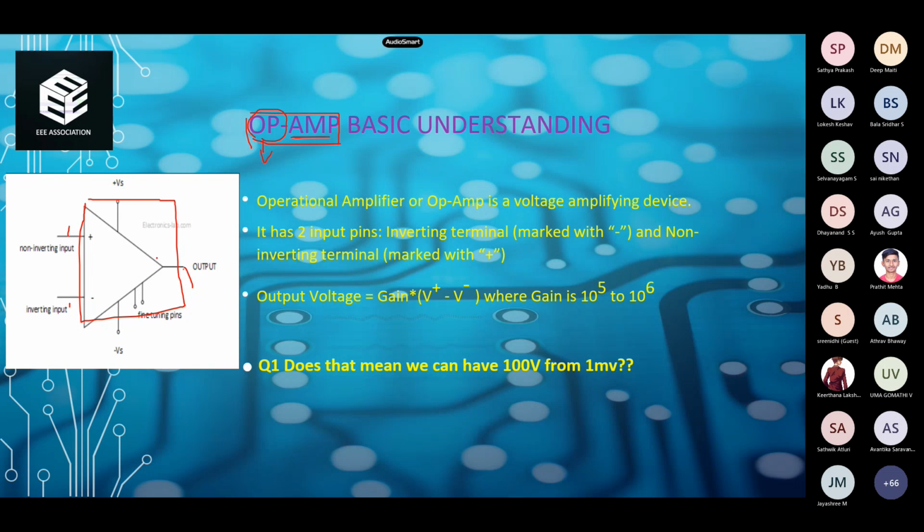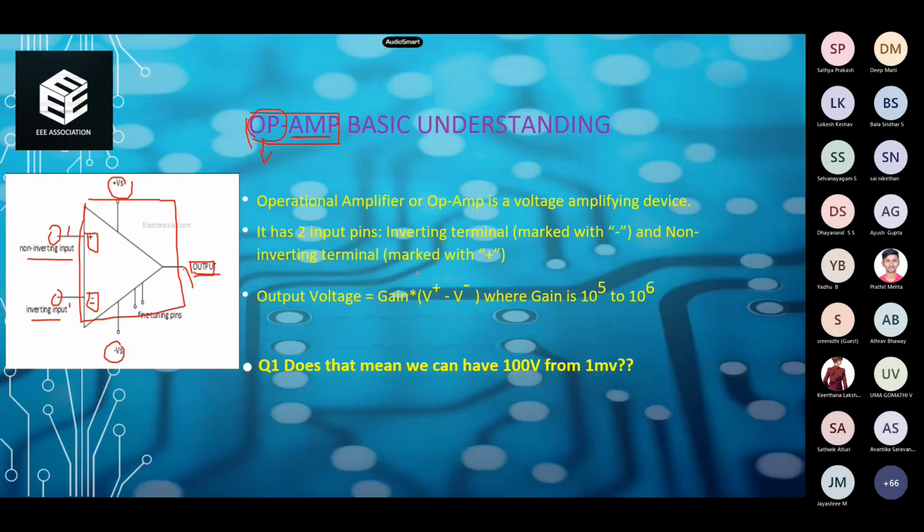This is a three-terminal device. These two are the inputs, marked plus and minus. The plus one is called the non-inverting input, and the one marked with minus is the inverting input. And these two are the saturation voltages, the maximum output voltage that we could get at the output.